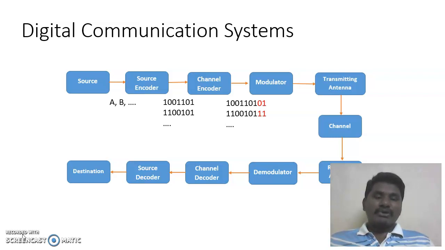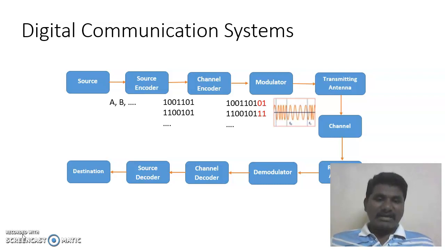So we perform modulation using sinusoidal signals, and there are different digital modulation schemes, of which I have shown one. Here 1 is represented using a high frequency sinusoidal part, and 0 is represented with a low frequency sinusoidal part.